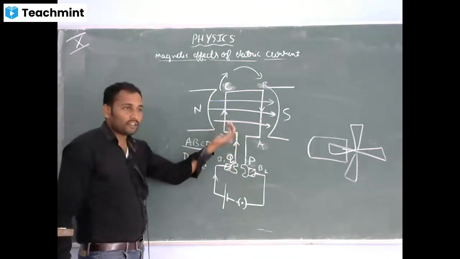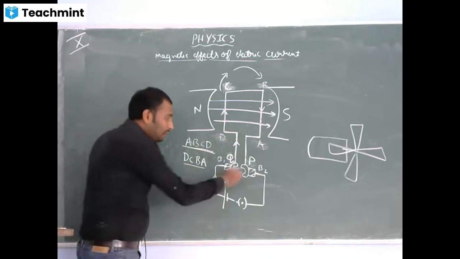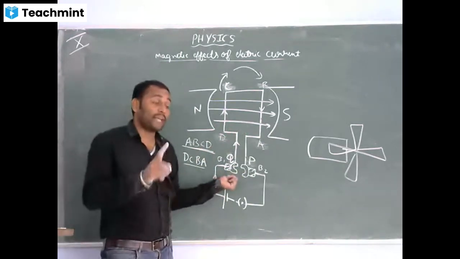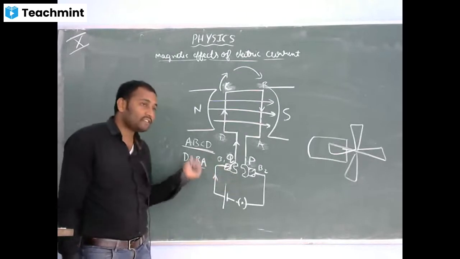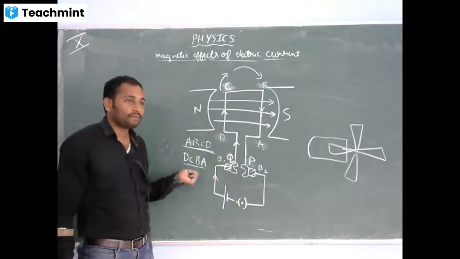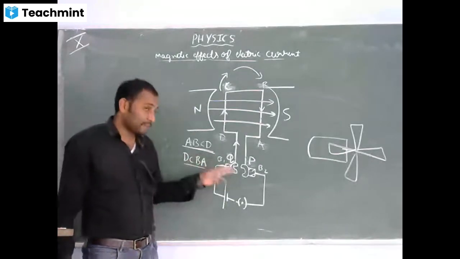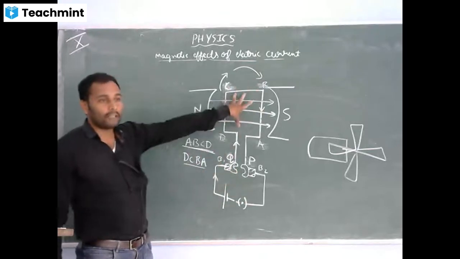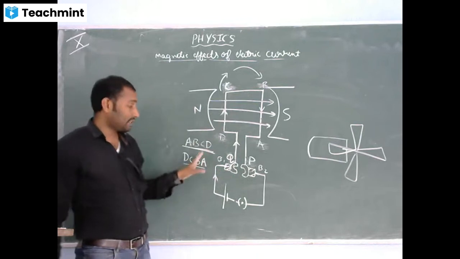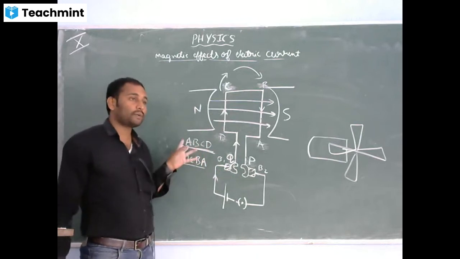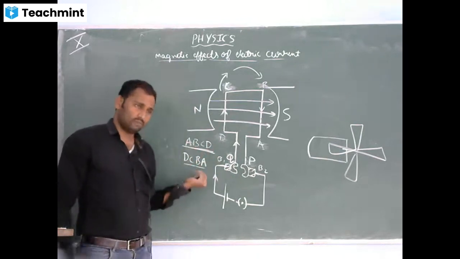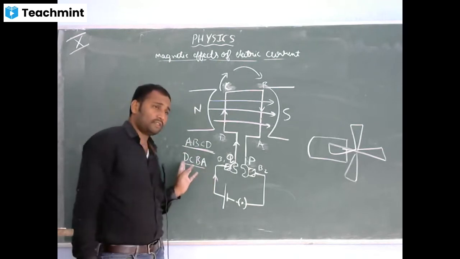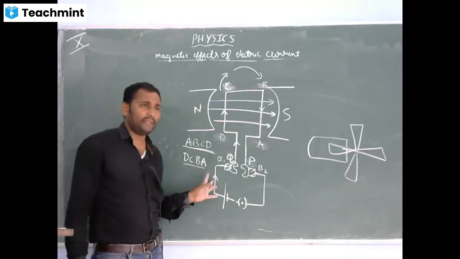It is not due to the rotation of the coil, it is because of the commutator split ring. The commutator split ring's main job is to change the direction of the current. So the commutator split ring reverses the direction of current in the coil. Earlier it was going from ABCD, now the current direction is reversed, that is from DCBA.